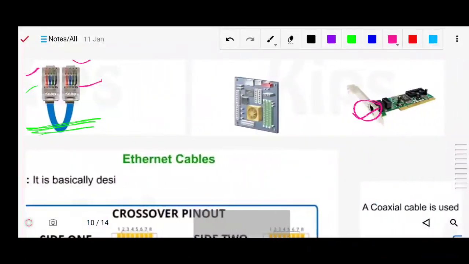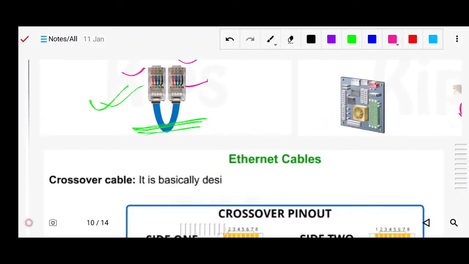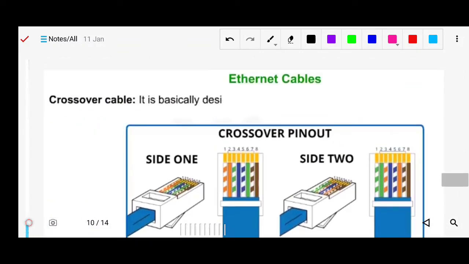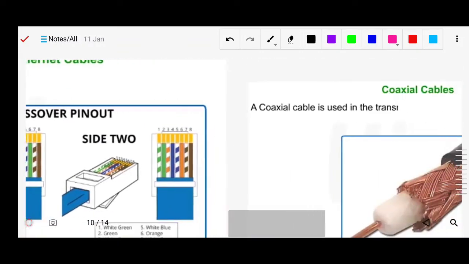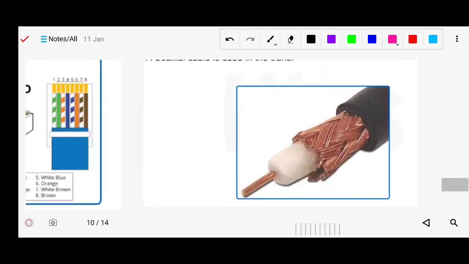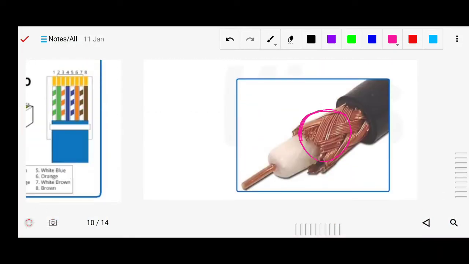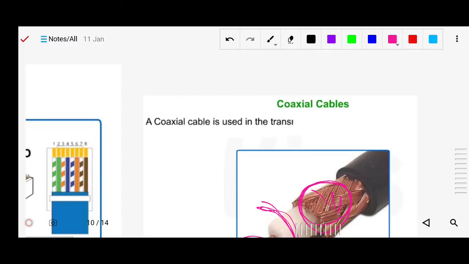This kind of wire is called the braided wire. In the center you can see the copper, and there is the insulation. This kind of wire is called a coaxial cable.